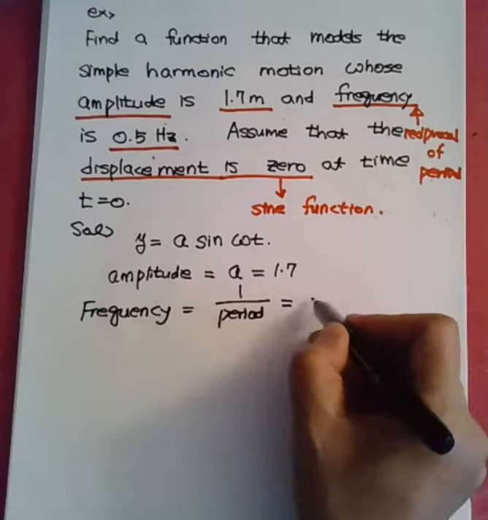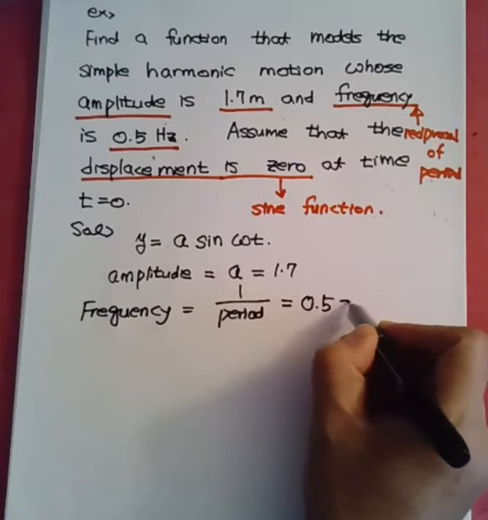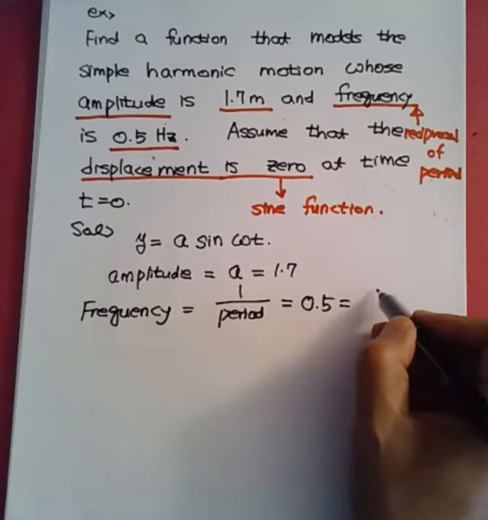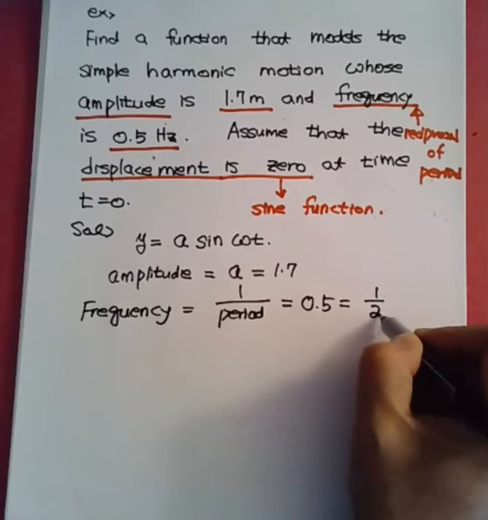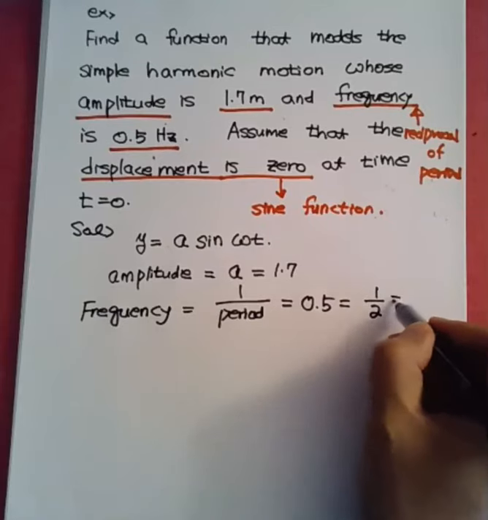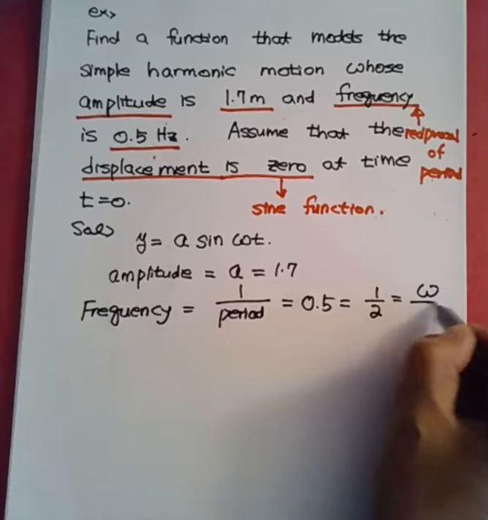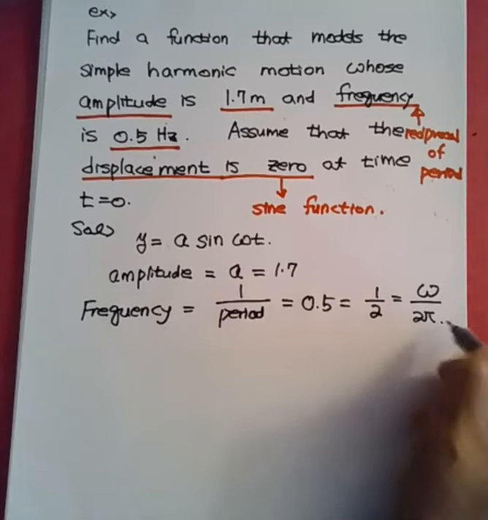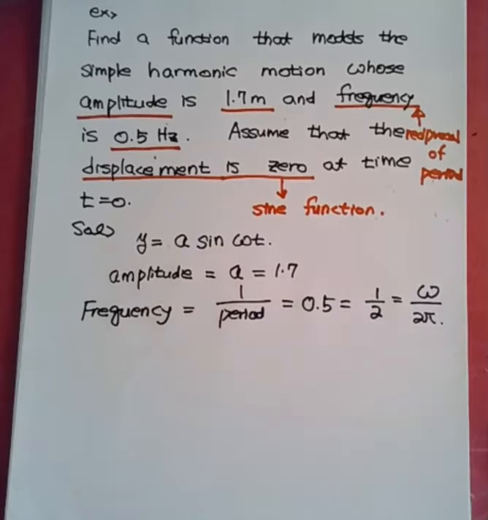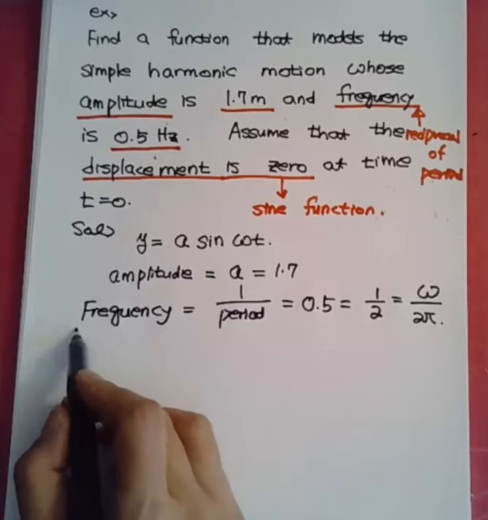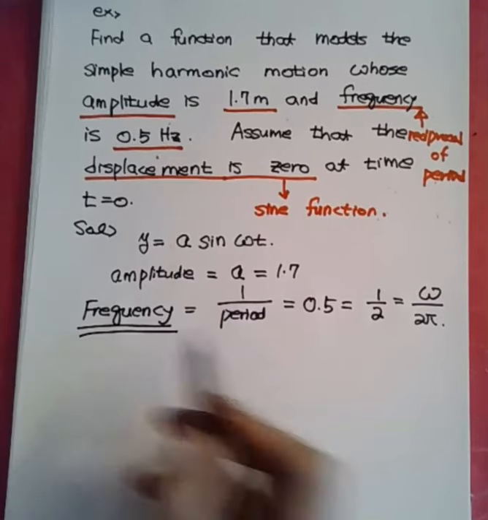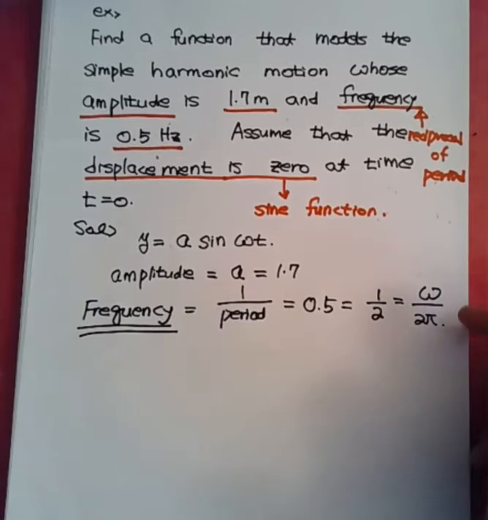That is given as 0.5, which we can convert that into 1 over 2. That equals omega over 2 pi. So instead of 2 pi over omega, you will just write the reciprocal of that, omega over 2 pi.